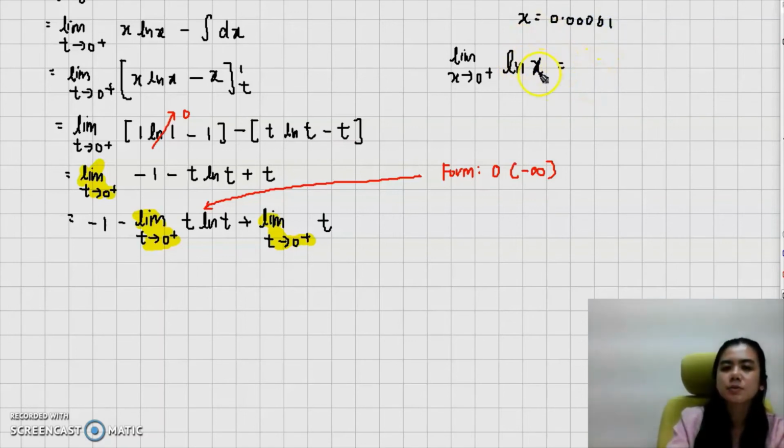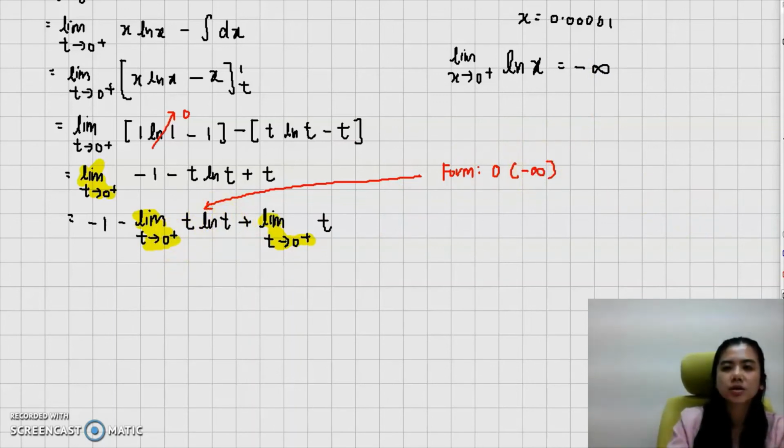Wherever you substitute here, you will get a quite big number, but in terms of negative. That's why we have a negative infinity here. So when we substitute t approaching from the right in the ln t here, we have a negative form.